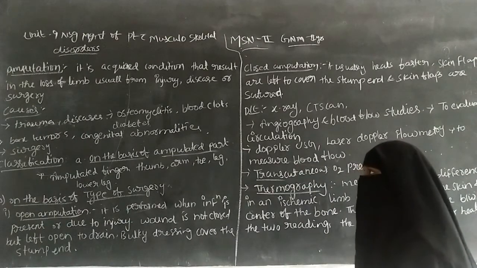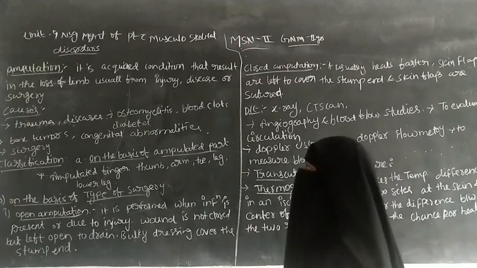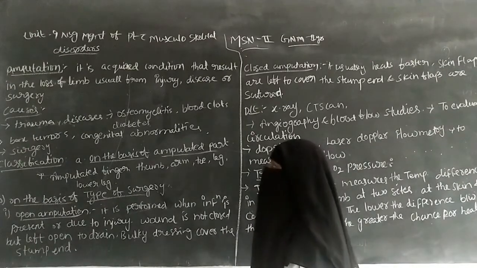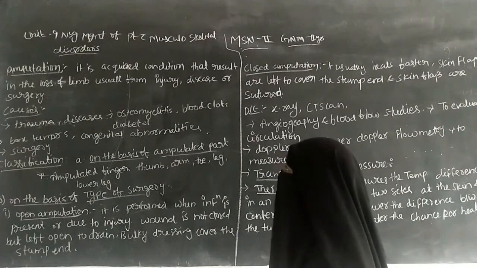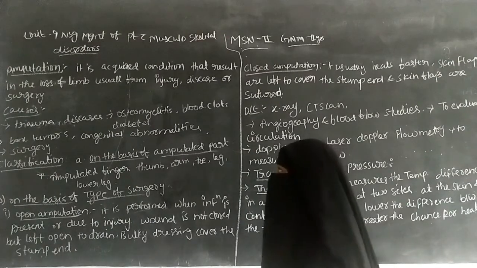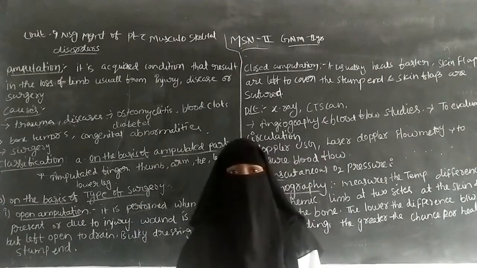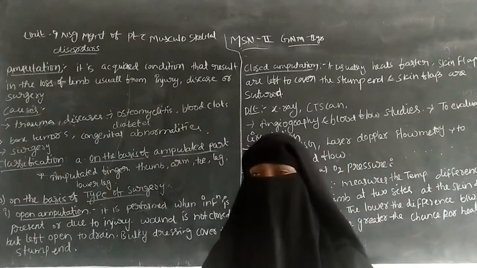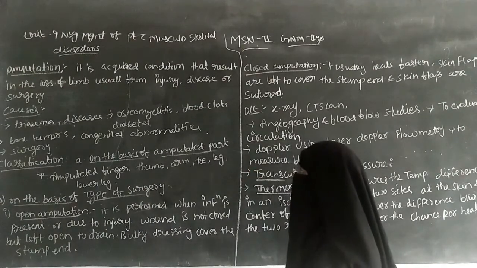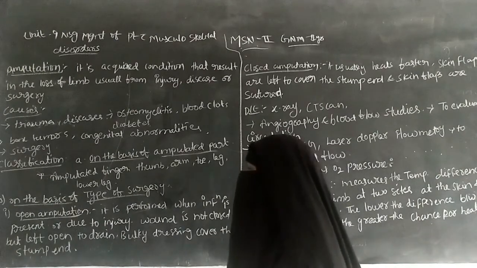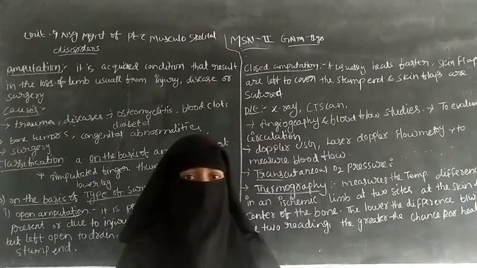So today's topic is amputation, and what is the definition? It is an acquired condition that results in the loss of a limb. Usually it results from injury, disease or surgery.